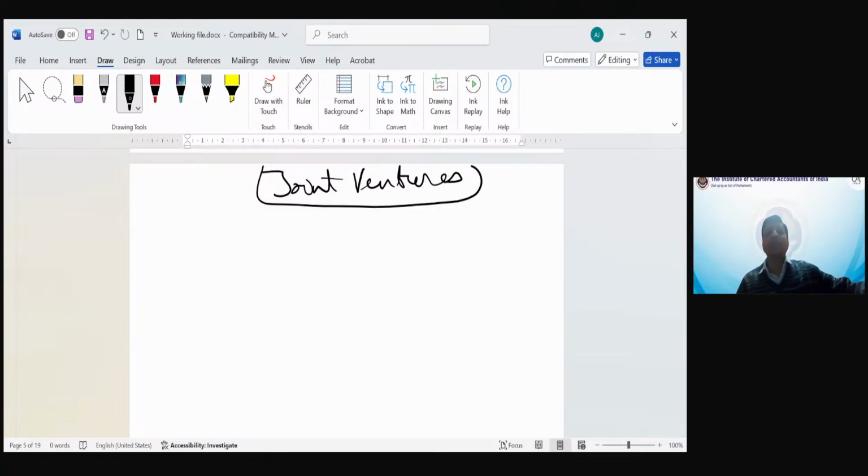So far, whatever we discussed was all assessment, whether an investee will become a JV or not. Now, once you have done that, if you want to get into the accounting requirement, what do you need?